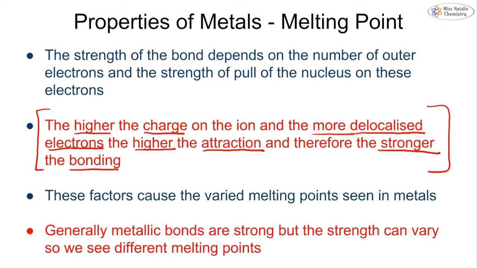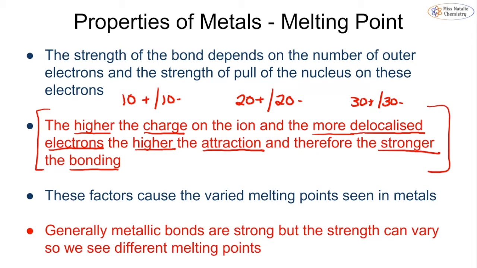So if I have, for example, 10 positives and 10 negatives, they are going to be much less attracted than 20 positives and 20 negatives, which in turn would be less than 30 positives and 30 negatives, and so on. So the more positives and negatives we have, so the more delocalized electrons and the more cations, the stronger the attraction, therefore the stronger the bonding.